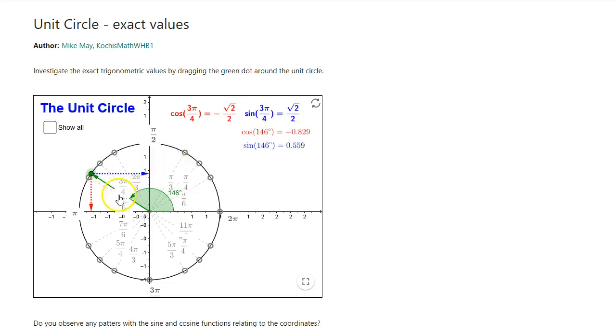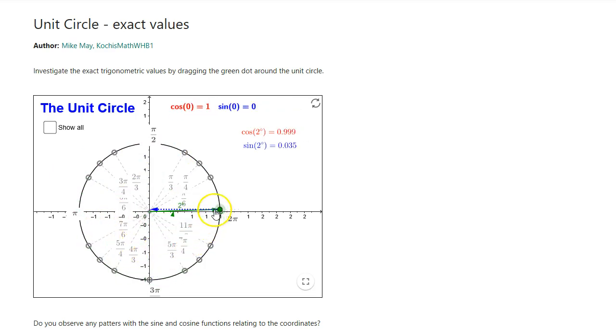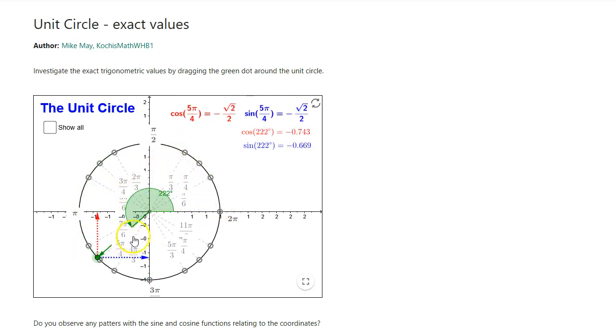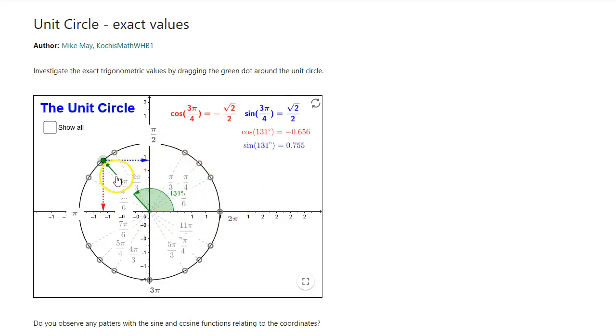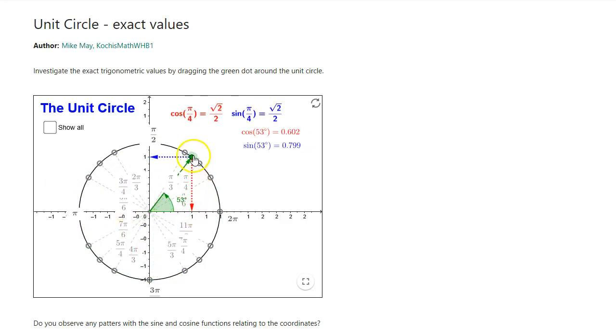But notice, you can go more than just those between 0 and 90. Now we can go all the way to 360. And that green line is our terminal side of our ray. Notice the red line is our y value, and it's always made with the x-axis, always. Okay, so that's what we're really doing in kind of a dynamic way.